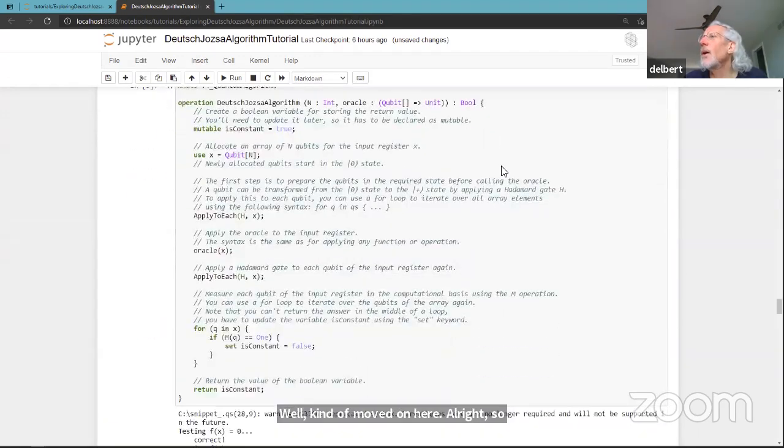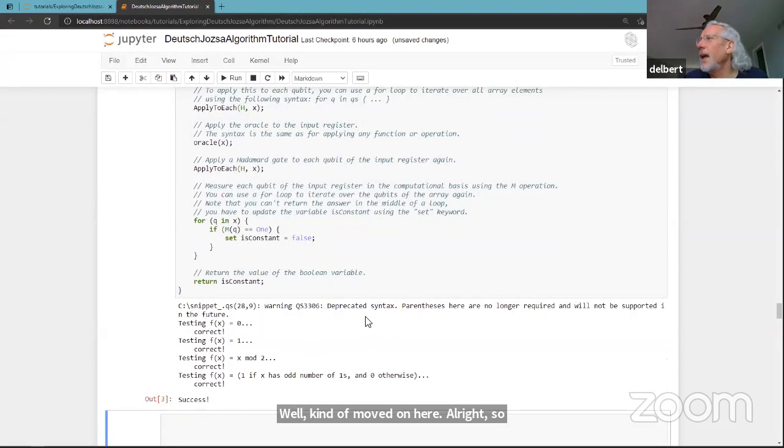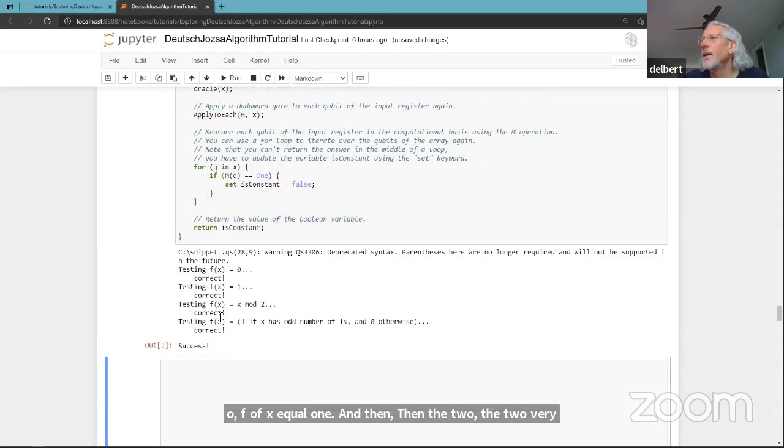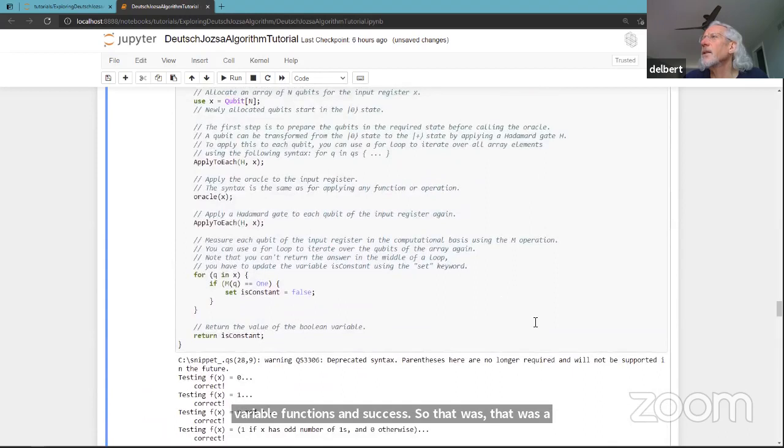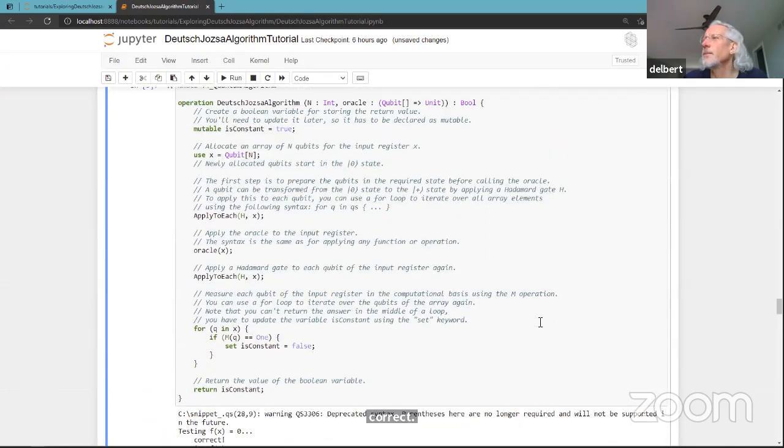All right, so I ran this cell, and it tests with f(x) = 0, f(x) = 1, and then the two variable functions, and success. So that was a correct test. We passed the test.